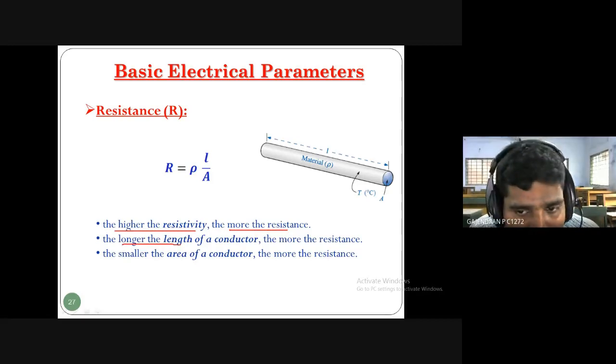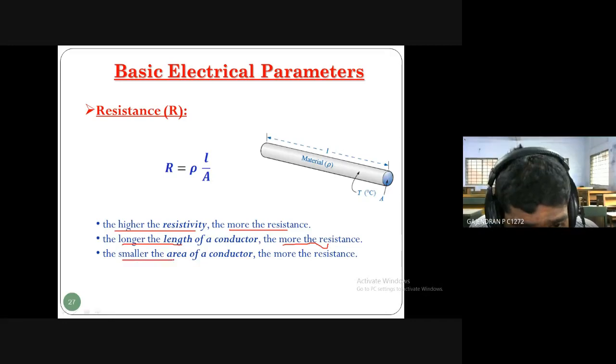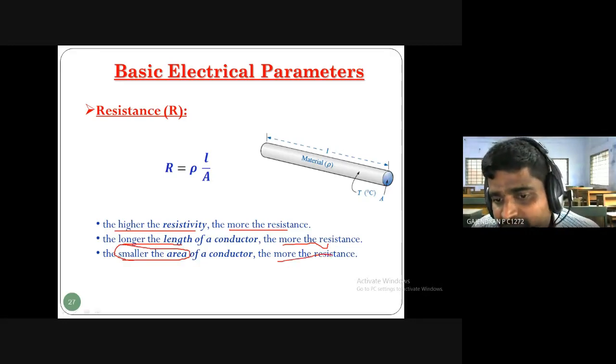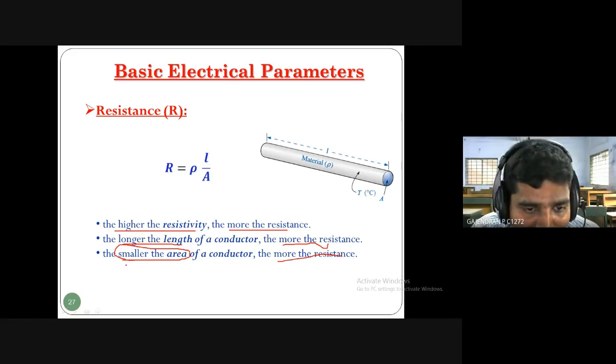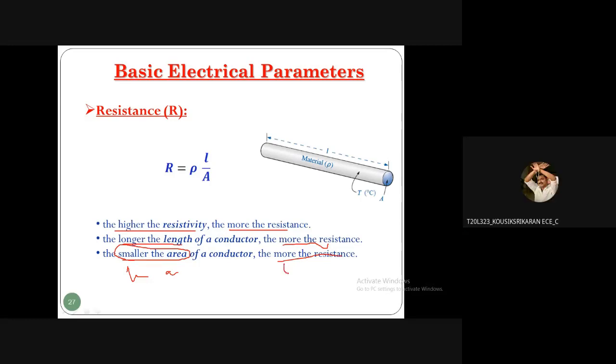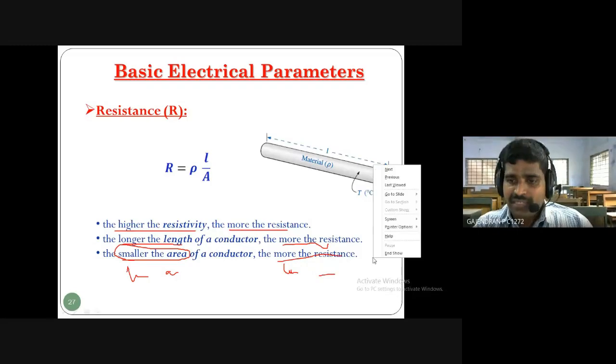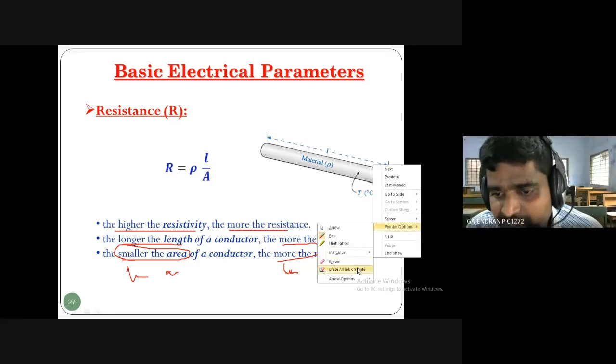If you lengthen the conductor, resistance will increase. If you make the area smaller, resistance will again increase. If I put my question in a different way, if I increase the area, what will happen? Resistance will decrease.